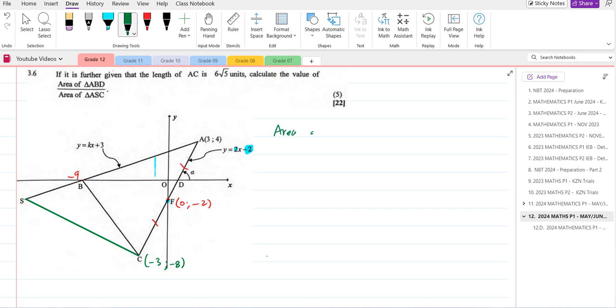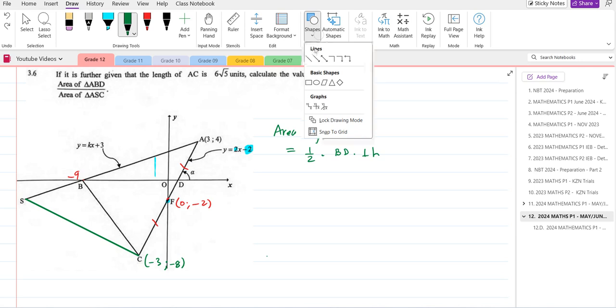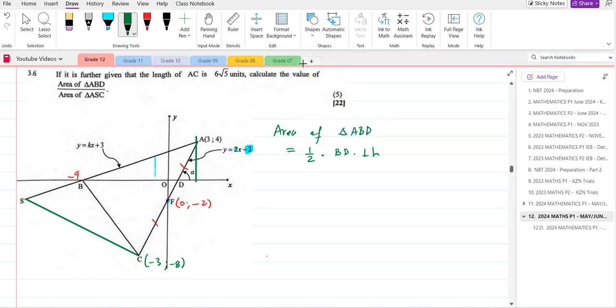Area of triangle ABD is equal to half base times the perpendicular height. BD is the base. And I can get a perpendicular height here, right? If I draw a vertical line here from A to the x-axis, I kind of have a perpendicular height here, which is 4.